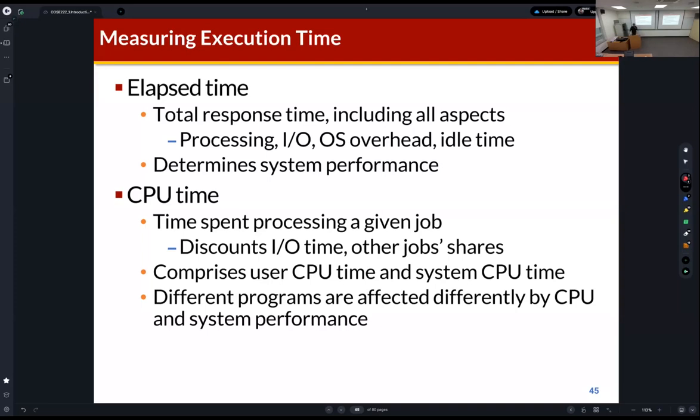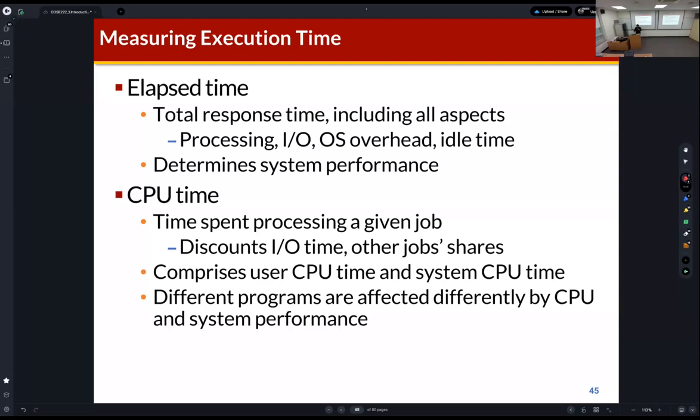Also, it can be influenced by many other factors like the speed of the storage system, and your typing speed also. So I mentioned that in order to compare the performance fairly, the configuration needs to be the same. But the problem is that the response time of my application can be influenced by many other factors.